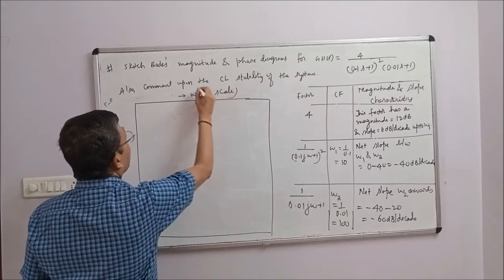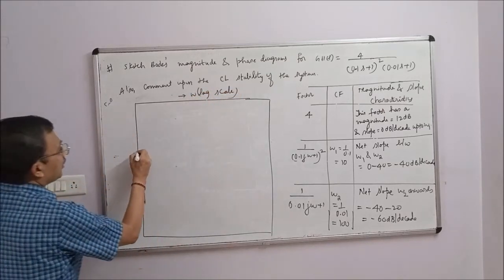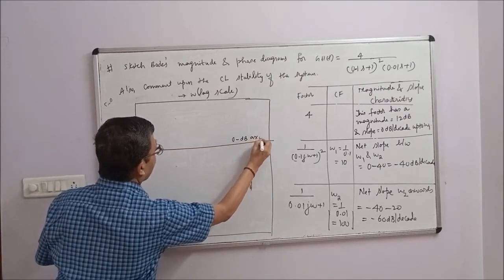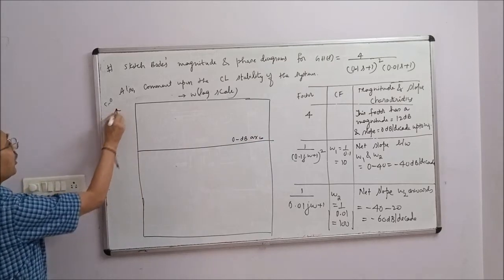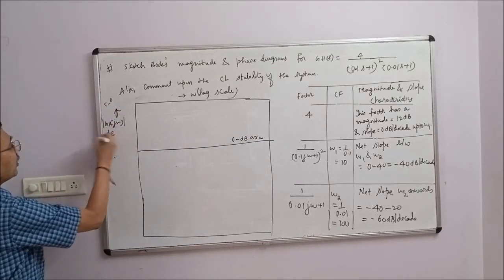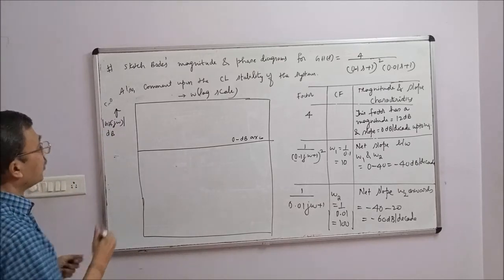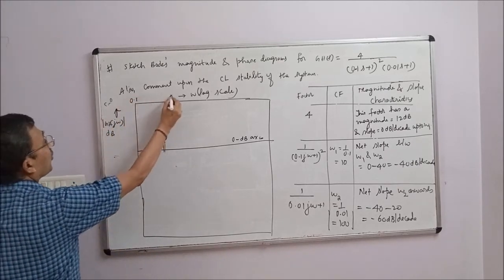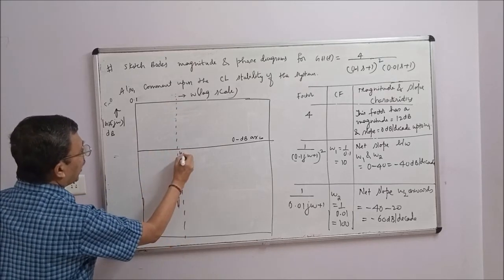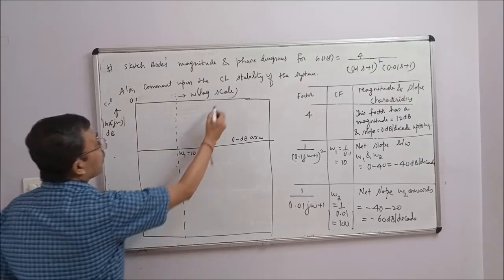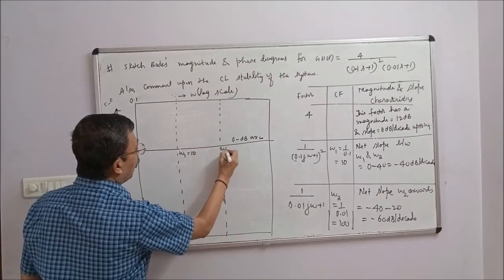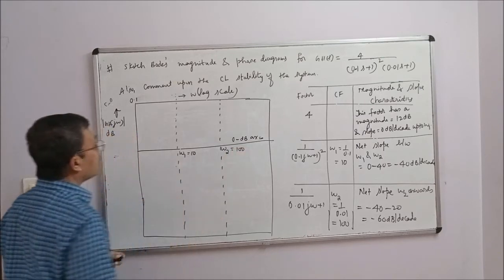I'll show this figure later on an actual semi-log sheet. This is the 0 dB axis. The Y-axis represents magnitude of GH of j omega in decibels. This is a rough sketch I am going to do. This is omega equal to 0.1. This line is drawn at the corner frequency omega 1 equal to 10. This dotted line is drawn at the corner frequency omega 2 equal to 100.